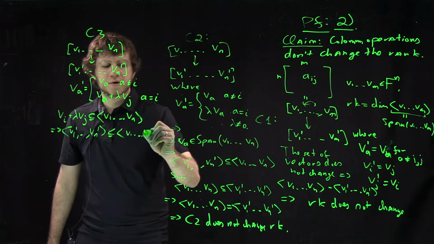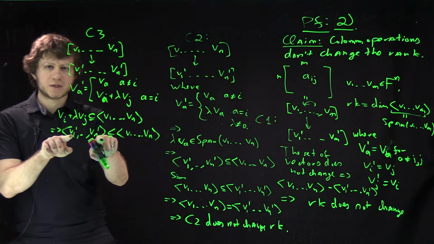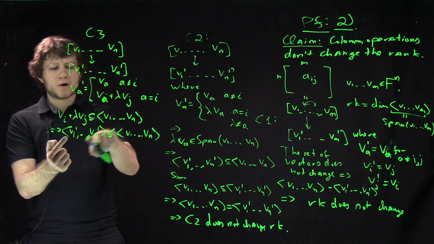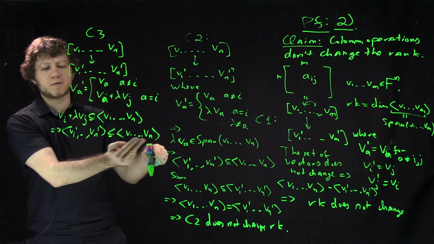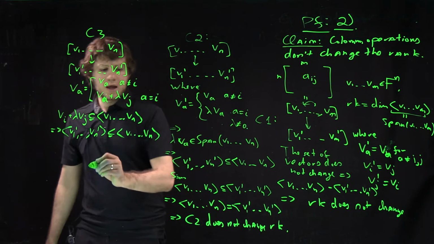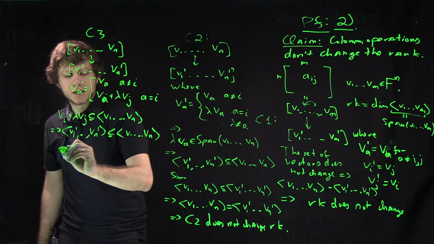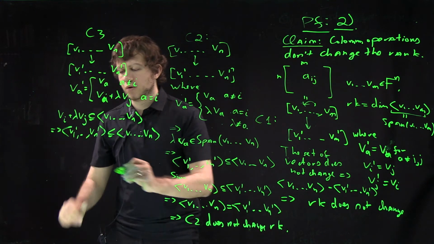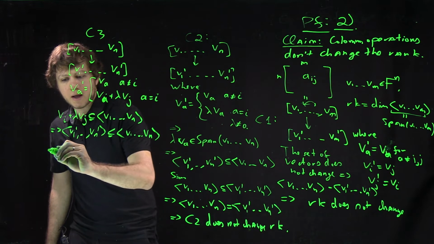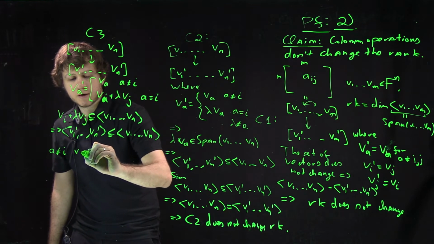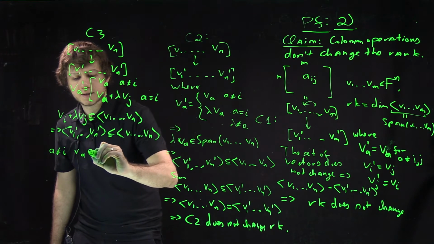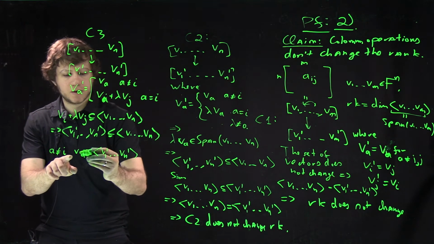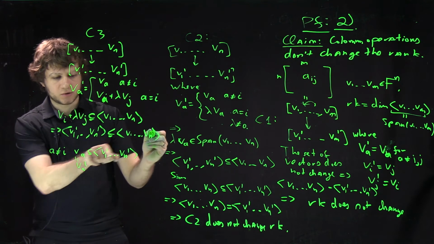I'm using here a very simple observation that if every vector in the set is inside the span, then their span is inside the span, because we are looking at all linear combinations of these vectors, and this is just the same as all linear combinations of those. Also, if you take the collection of vectors v1 prime up to vn prime, for a not equal to i, va is inside the span of v1 prime up to vn prime, simply because va actually equals va prime, so it's written right there.